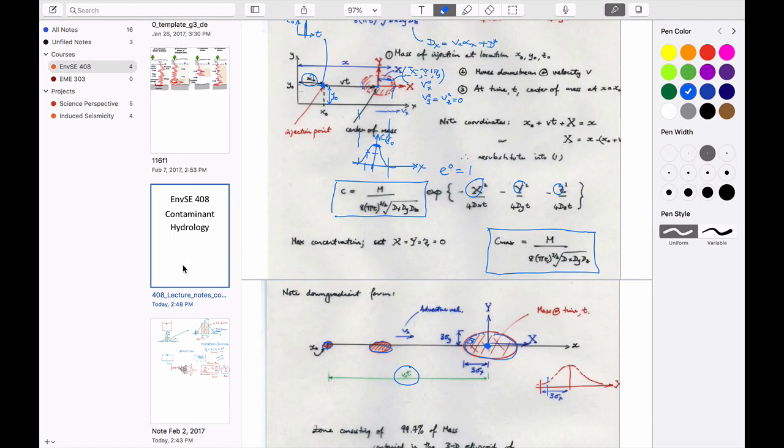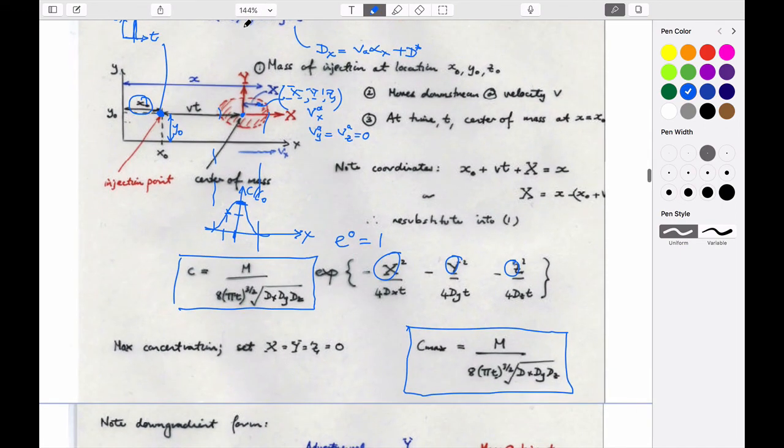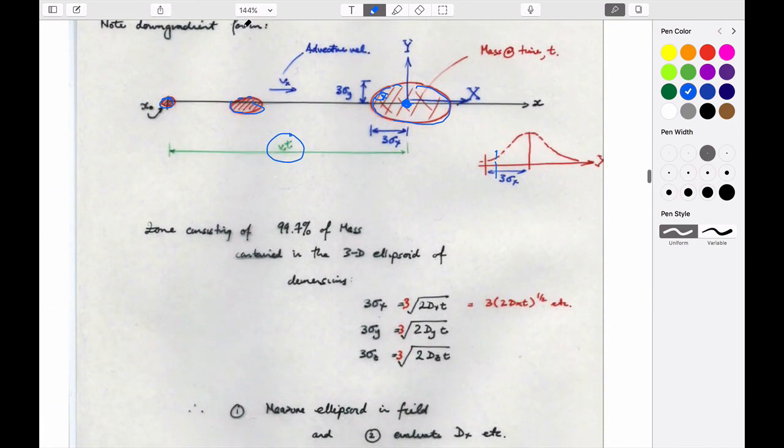So the utility of that would be that if you have a plume, and you could go to that plume and sample it so you knew how big the plume was, you immediately know how long 3 standard deviations is to the extent of this plume. I guess 3 standard deviations would be the length of the plume divided by 2, because it has 2 sides to it.